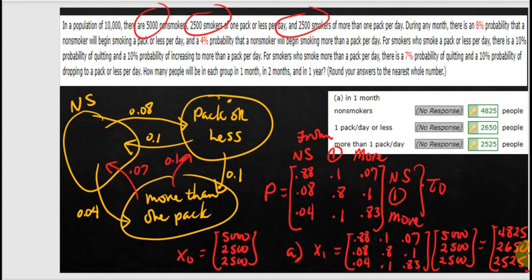I think you know how they go, right? The first number is for the non-smokers. Well, it's right here too. I was never trained to just write numbers without saying what they represent. So that first number goes with the non-smokers. The second number goes with the people who smoke a pack or less, and that third number goes with more than one pack. Even though the answers are there, I never go by that because I don't trust it.